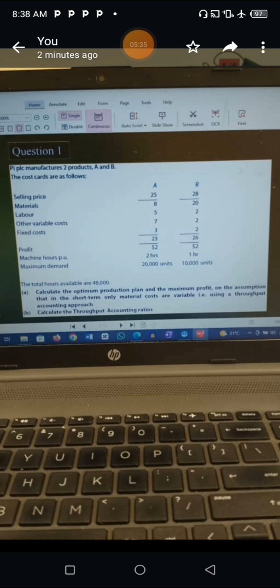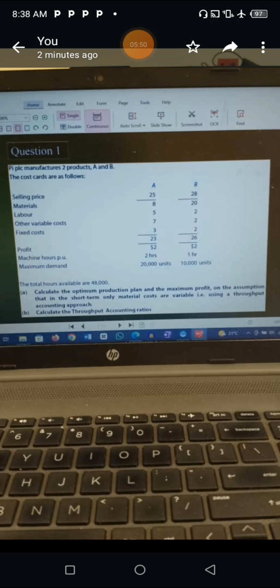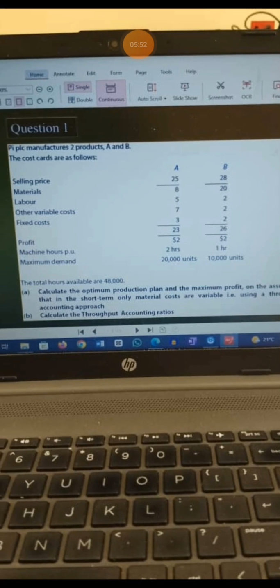Remember, there's that formula where you'll be required to put that into consideration. Lastly, on part B, you are required to calculate the throughput accounting ratios. So that was the question, ladies and gentlemen.